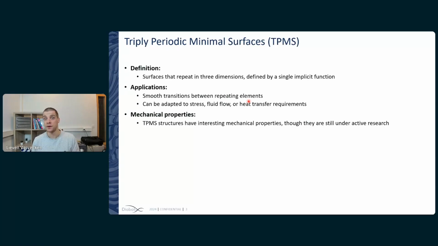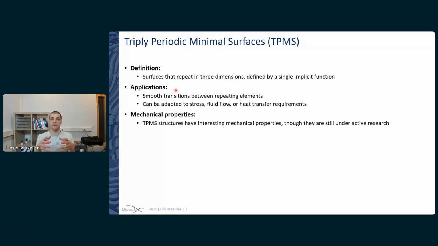What are TPMS structures? TPMS is an acronym that stands for triply periodic minimal surfaces. Basically, it's a geometry where the surfaces repeat in 3 dimensions, x, y, and z, and they are defined by a single implicit function. The real benefit or the real applications of these TPMS structures are as follows. Firstly, they have a smooth transition between repeating elements.